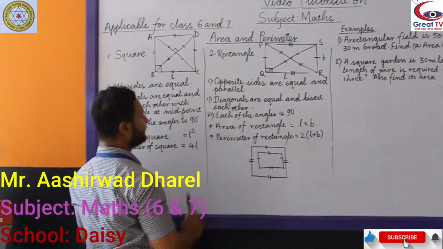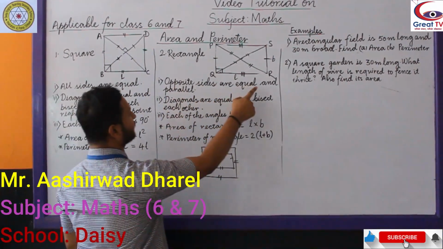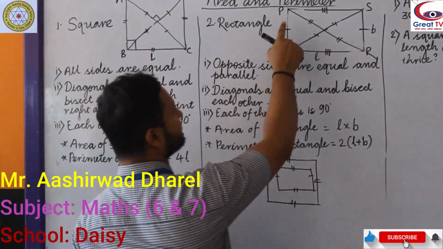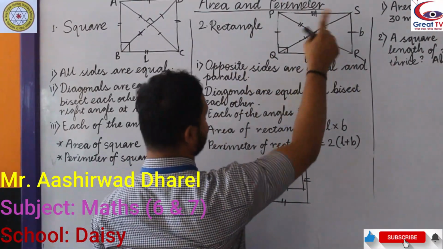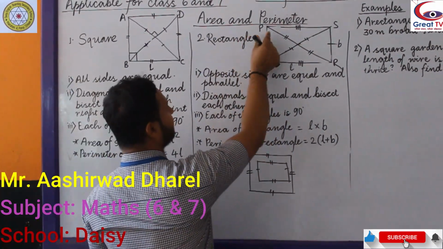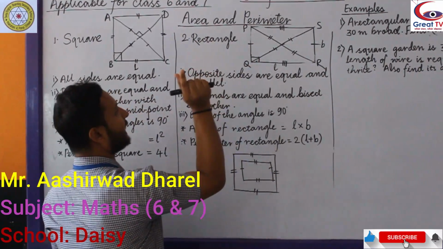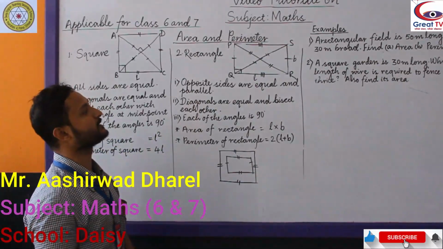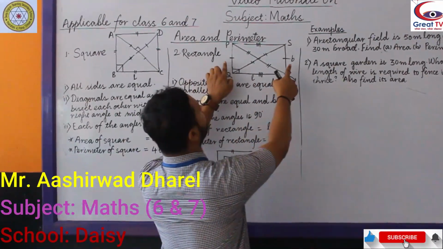But in rectangle, opposite sides are equal and parallel. So here is a rectangle PQRS. In this rectangle PQRS, the side PQ and side SR are opposite to each other and they are equal to each other.